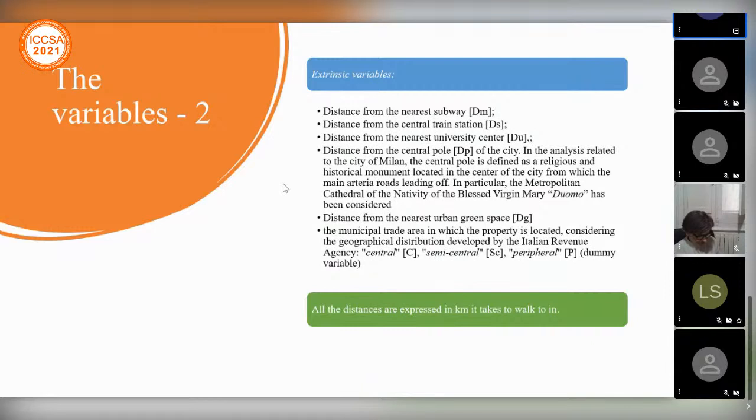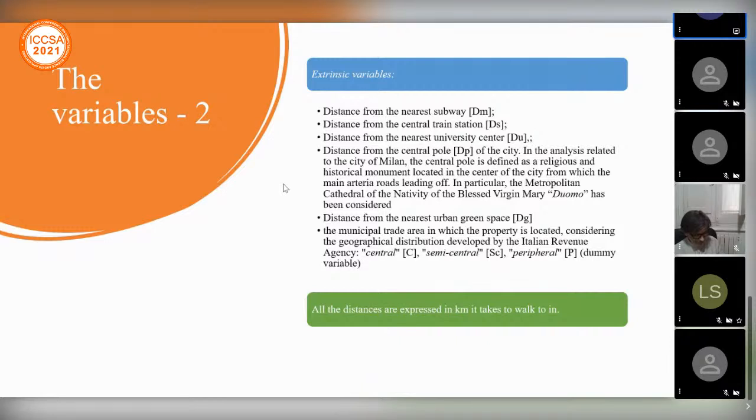And we chose the 4 public universities that are present in Milan, the main universities. Then we chose the distance from the central pole, and for Milan we chose the Duomo, the cathedral.